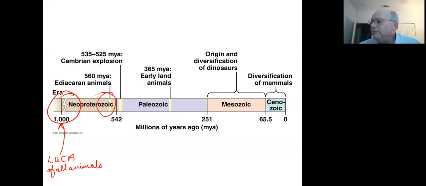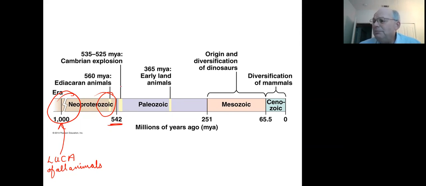Then around 535 million years ago, we have the beginning of the Cambrian explosion. Remember, the Cambrian begins here at 542 million years ago. That's the boundary between the Ediacaran and the Cambrian. So the Cambrian is the time period that immediately follows the Ediacaran.